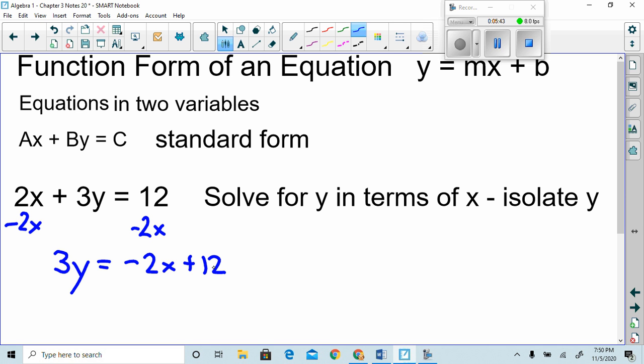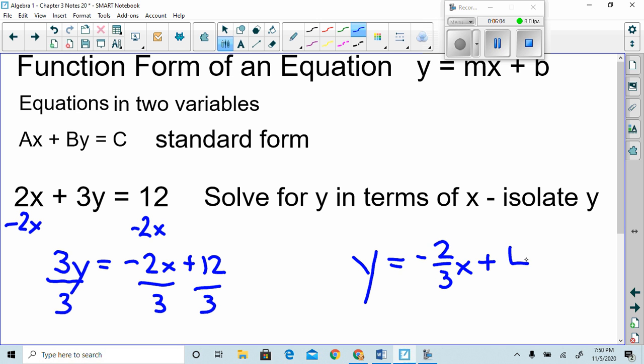I am moving that 2x in front of the constant so that it's in y is equal to mx plus b, or function form. Not done yet because I haven't isolated my y. I'm going to divide all terms by 3. So I get y is equal to a negative 2/3 times x plus 4.